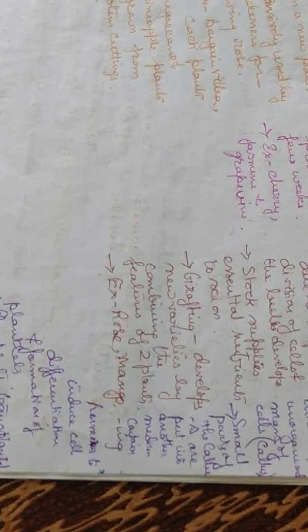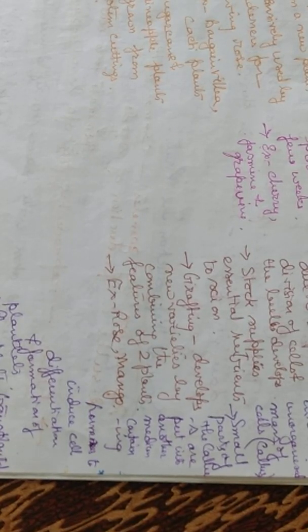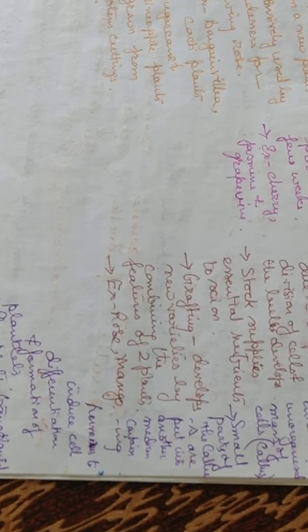Plantlets are then transplanted into soil or pots to grow into mature plants. As an unlimited number of plants can be produced, they are used to propagate ornamental plants like chrysanthemum, asparagus, orchids, coffee, banana, etc.